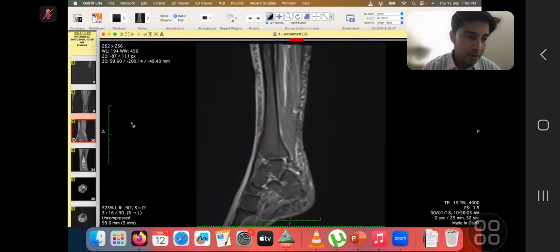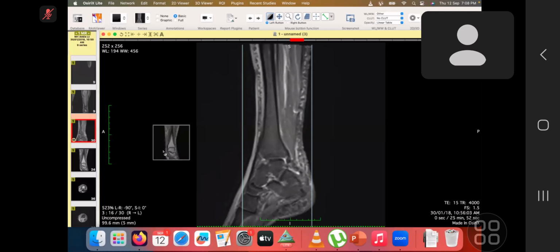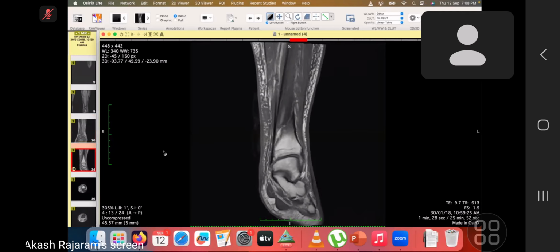Yeah, let me show you the T1. Okay, this is the T1 sequence. Reviewing the T1 sequence, coronal section.